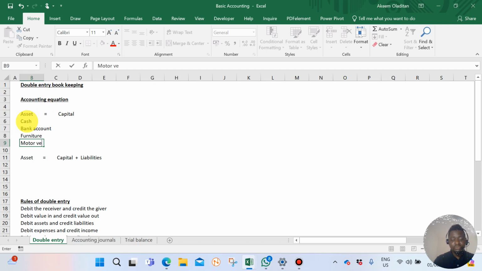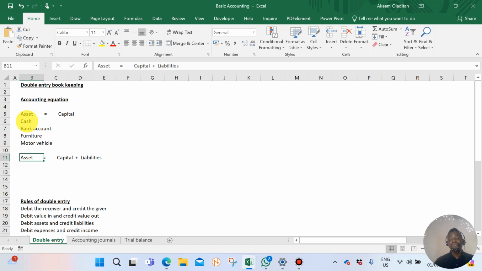All this brought into the business will be seen as capital on the other end. But there are much more; they have so many lists of assets, but for the purpose of this explanation, we will not go deep into it. So now let's go further down to understand what the accounting equation is trying to tell us.